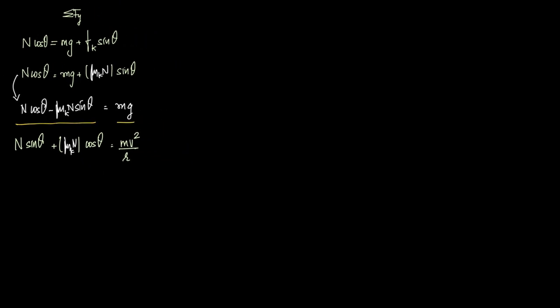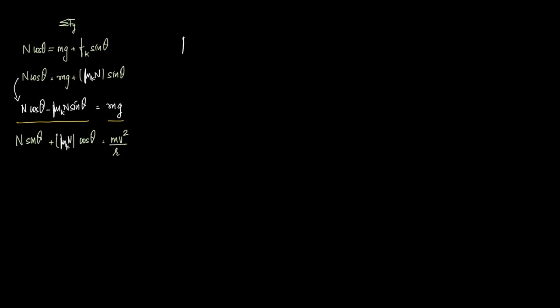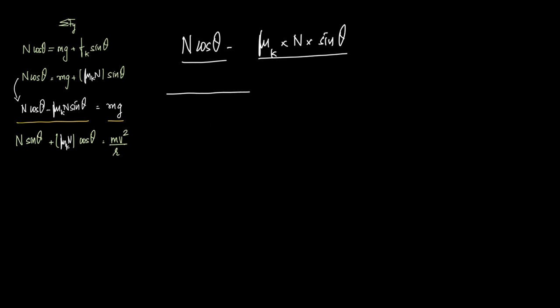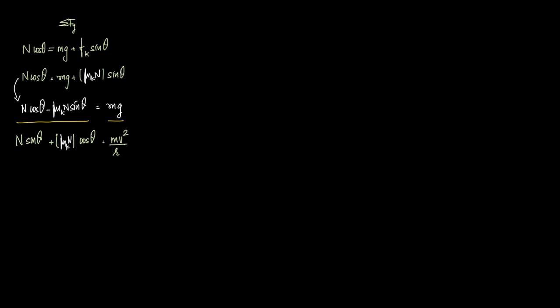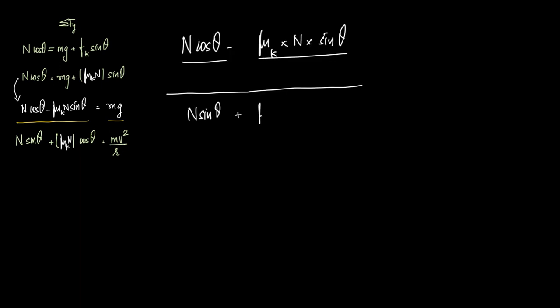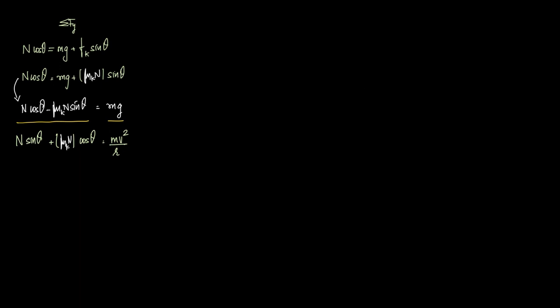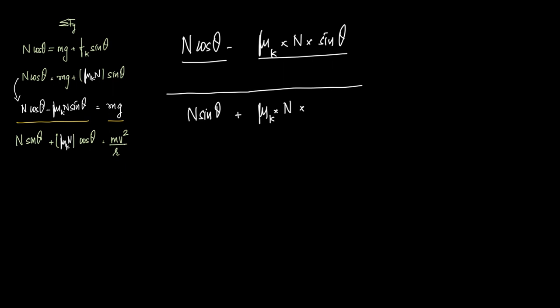So when we divide them, what we get is n cos theta minus mu k into n sine theta, the whole divided by, now see, I'm going to do a small algebraic manipulation here, n sine theta plus mu k into n cos theta.